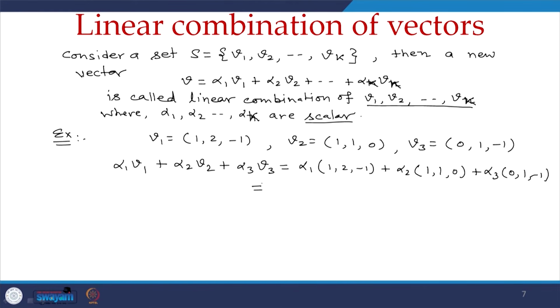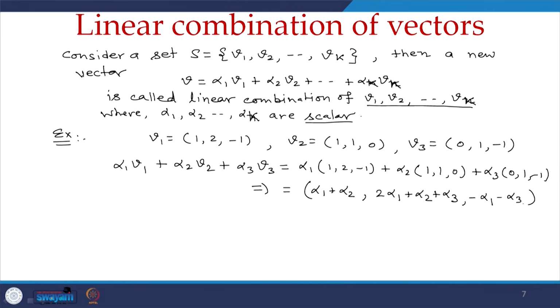In other way, I can write it as a new vector: alpha1 plus alpha2 as the first component, twice alpha1 plus alpha2 plus alpha3 as the second component, and minus alpha1 minus alpha3 as the third component.